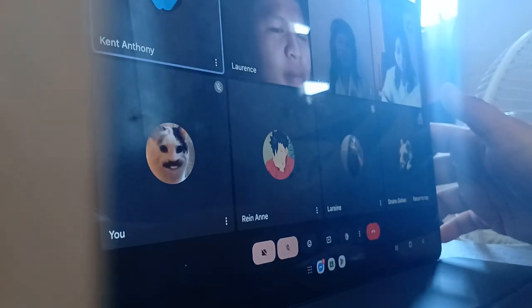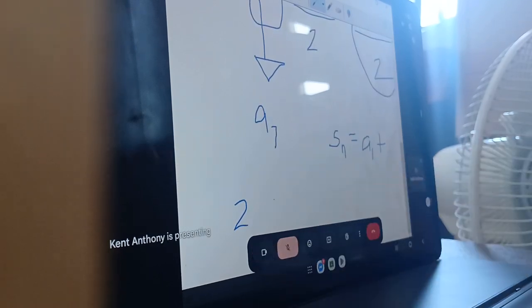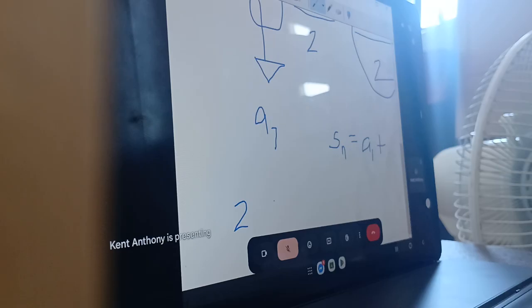Okay, that's an example. For instance, you have the pattern 2, 3, 5, 7, and 9. What do you think is the pattern for this one?